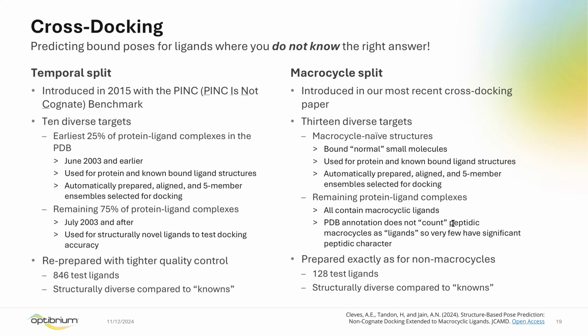But what we wanted to do is dock these macrocyclic ligands into these non-macrocyclic bound structures. Okay. After all of this data set preparation, which again, all automatic, we ended up with 128 ligands that were macrocyclic to test. And obviously they're very different than known molecules, none of which were macrocycles.